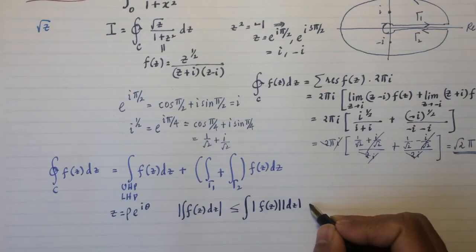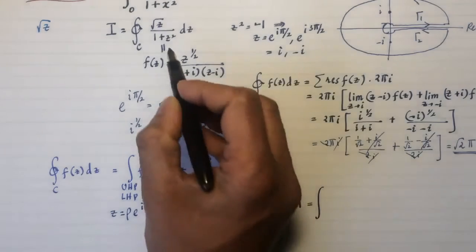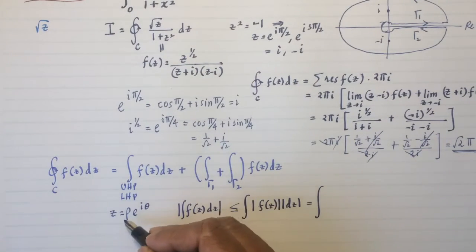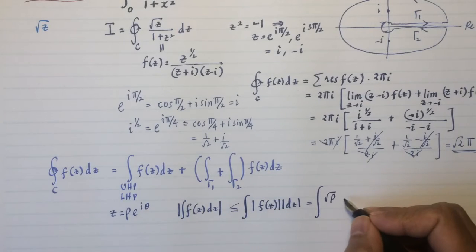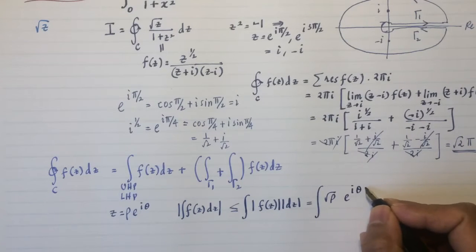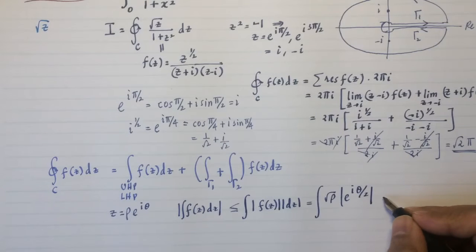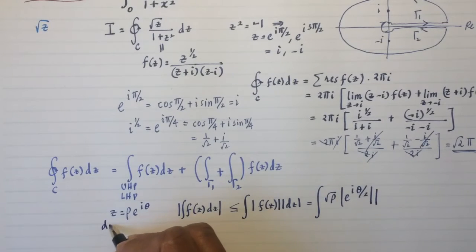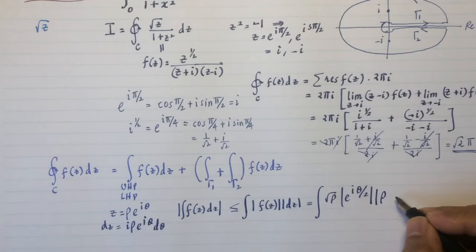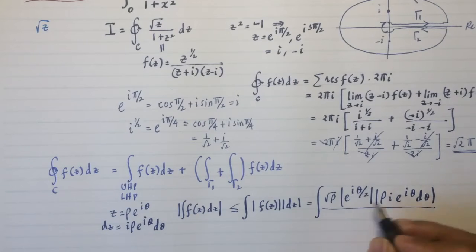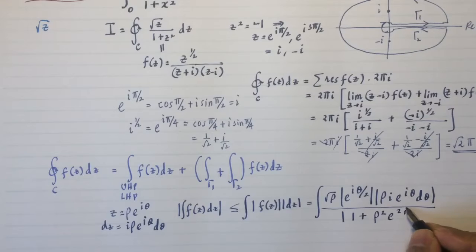And then the absolute value of f of z, when you substitute z equals rho e to the i theta, becomes root rho times e to the i theta over 2. And then when I take the derivative, dz becomes i rho e to the i theta d theta. So that's rho i e to the i theta d theta divided by 1 plus z squared, and that's rho squared e to the 2i theta.